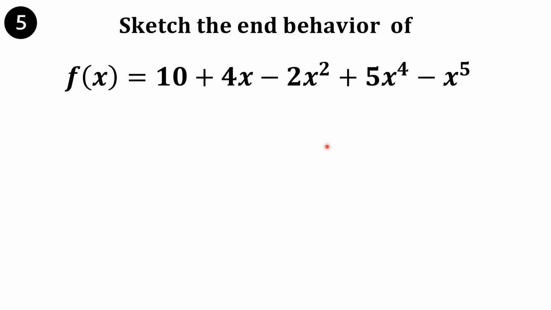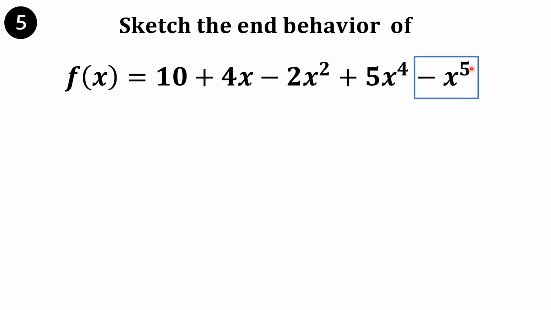Number 5. Sketch the end behavior of f of x equals 10 plus 4x minus 2x squared plus 5x raised to 4 minus x raised to 5. Again, determine the leading term, and that is negative x raised to 5.